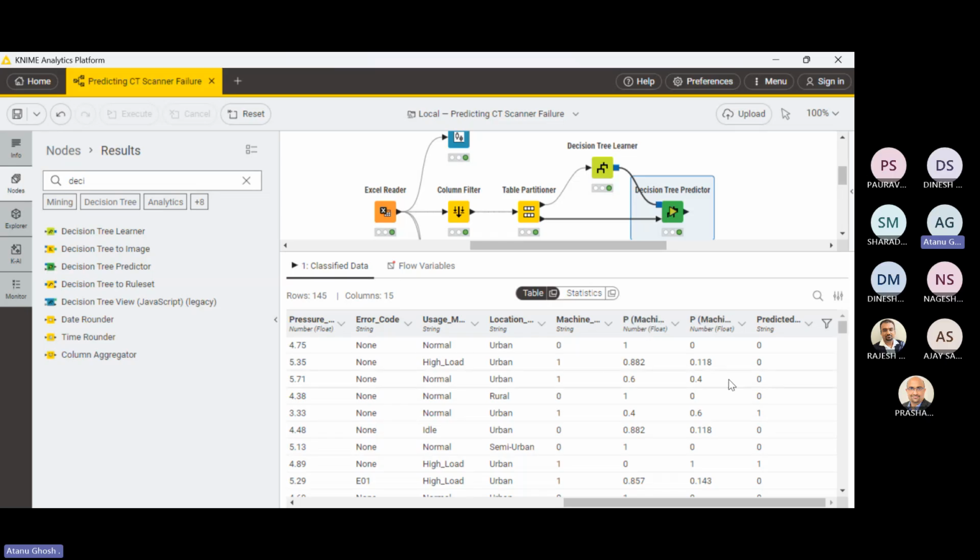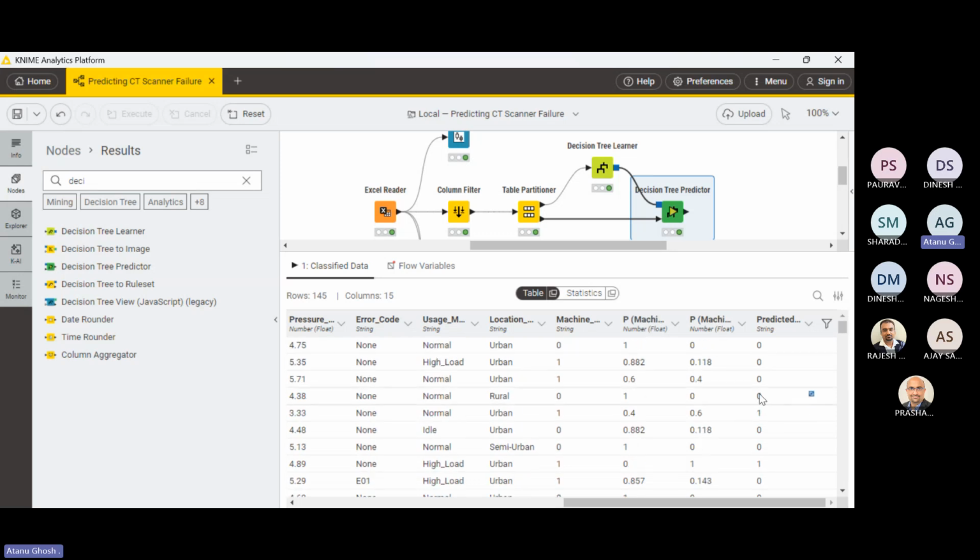These are complementary, so if this is 1, this has to be 0. And then depending on which class, if I'm taking class 1 as failure and 0 as non-failure, accordingly I will get the output.